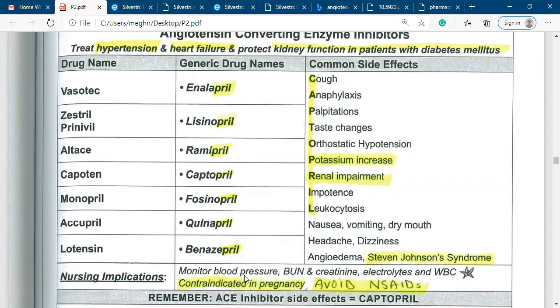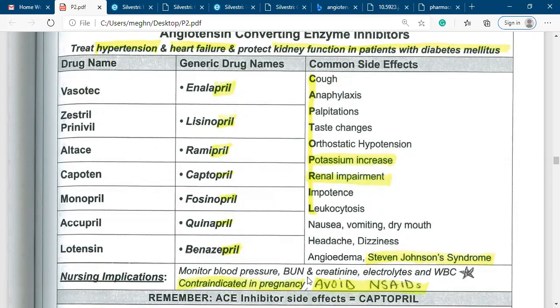And as I told you, this medication has an effect on the kidney because it can cause an imbalance of creatinine, right? So whether your kidney is working or not, you have to do the kidney function test. What are the kidney function tests? Check the BUN level and creatinine level.